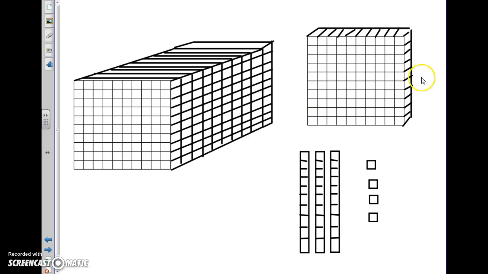I see one of these represents 1/10th, and then 3 of these sticks here that represent 1/100th, and 4 of these little itty bitties, each of them represents 1/1000th, so we've got 4 thousandths here. So how can we write that?